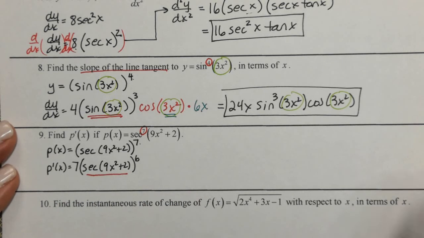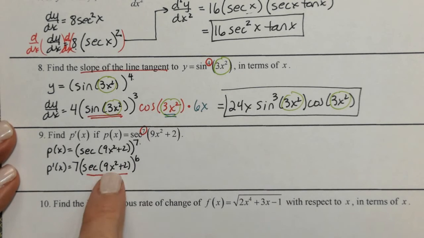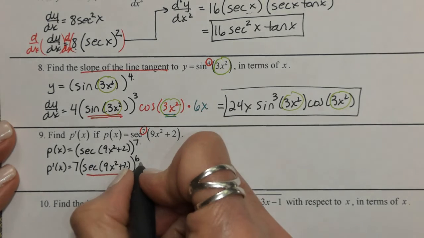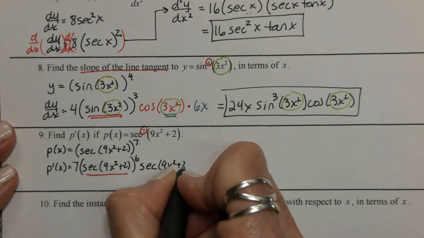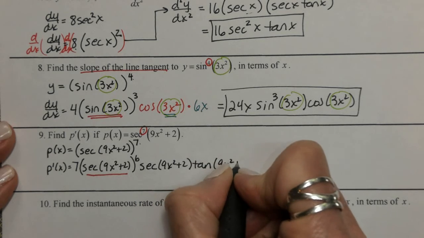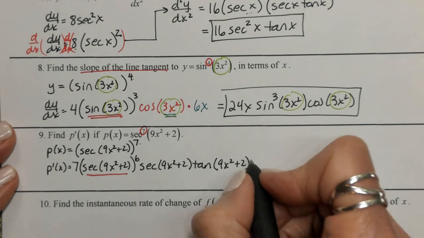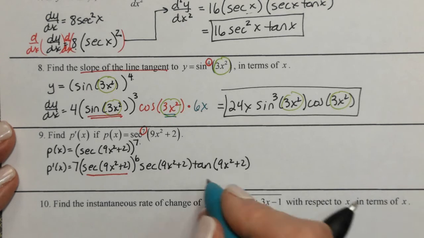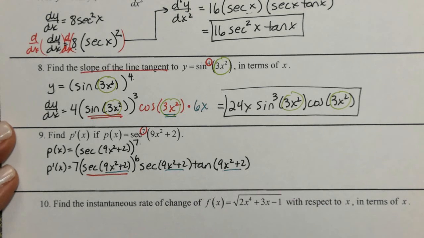Now we're going to multiply by the derivative of the inside. The derivative of secant is secant tangent. Keep your argument. So I'm going to write this, secant tangent. Always keep your argument. And now lastly, I need to multiply by the derivative of our argument, that 9x squared plus 2.